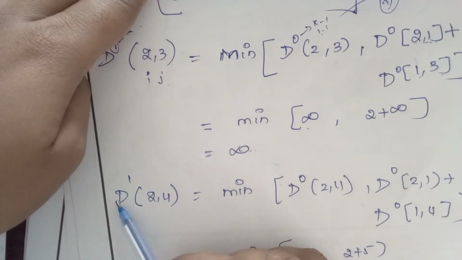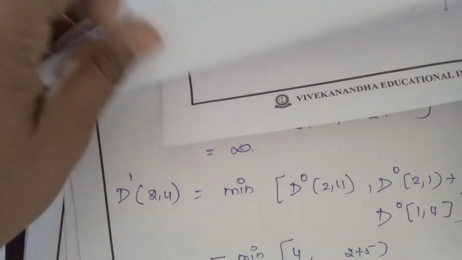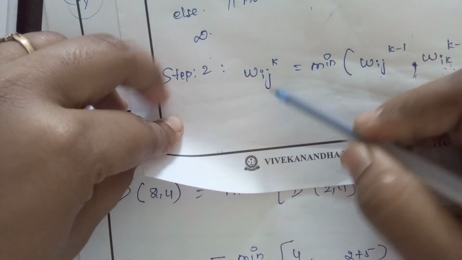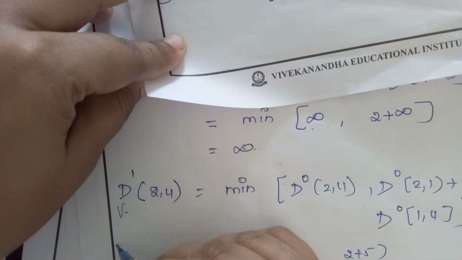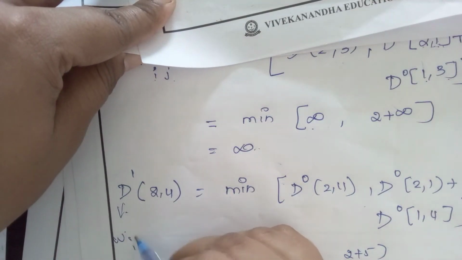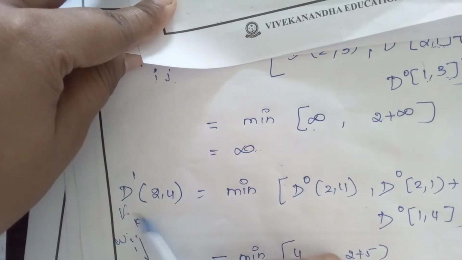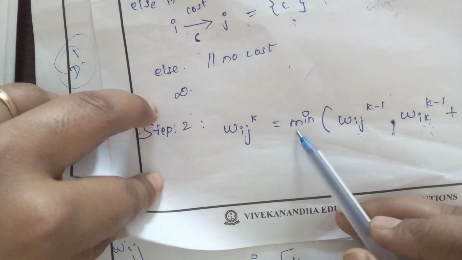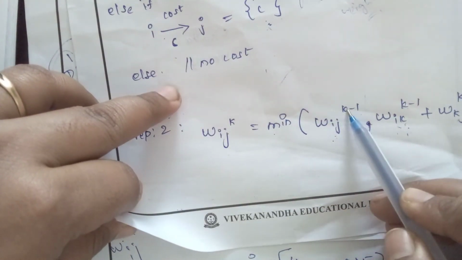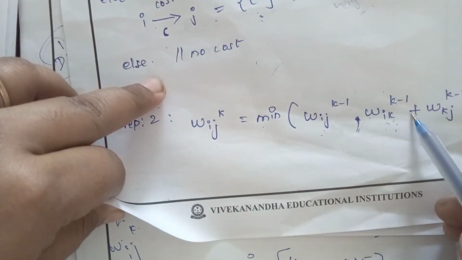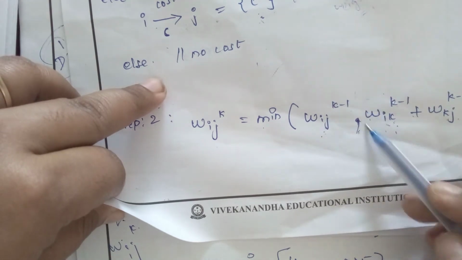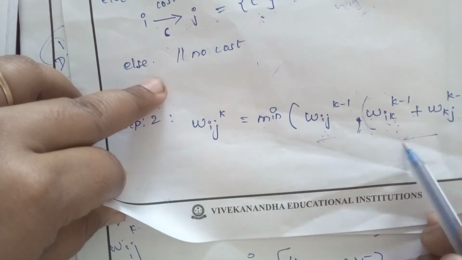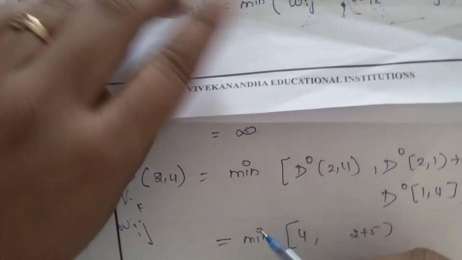Same here again, D^k is the minimum of D^(k-1)(i,j) and D^(k-1)(i,k) plus D^(k-1)(k,j). This is a separate term, you have to compare which one is the minimum value, okay.